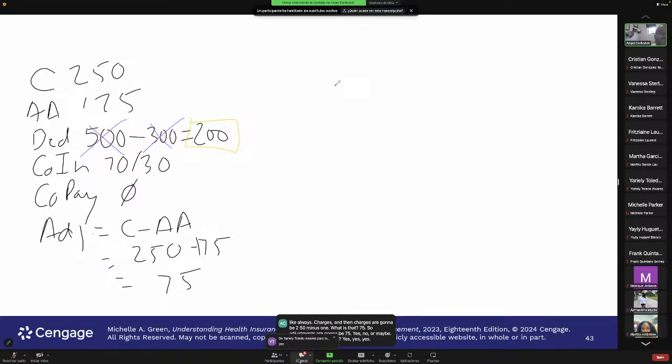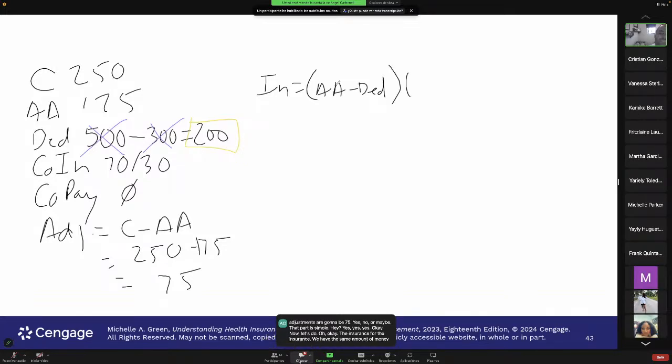Now let's do what the insurance is going to pay. For the insurance, we have the allowed amount minus deductible times, in this case, 70%. Plug in the numbers: 250 minus the $200 deductible times 70.